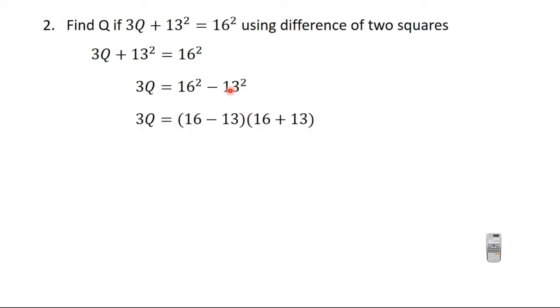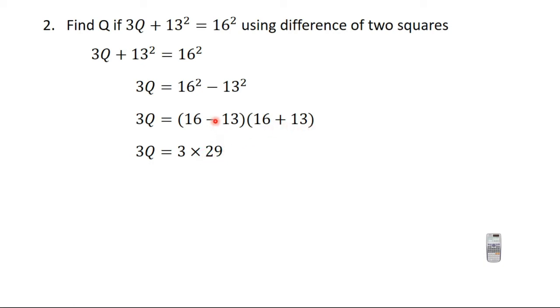To expand it, you are going to have 16 minus 13 in one bracket, then 16 plus 13 in another bracket. So 3q is going to be 16 minus 13, which gives us 3, times 16 plus 13, which gives us 29.